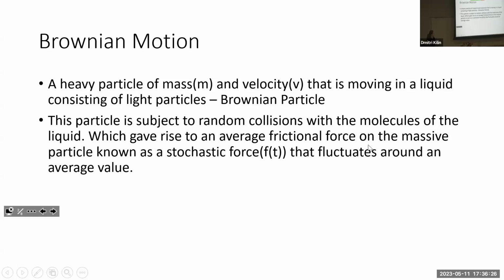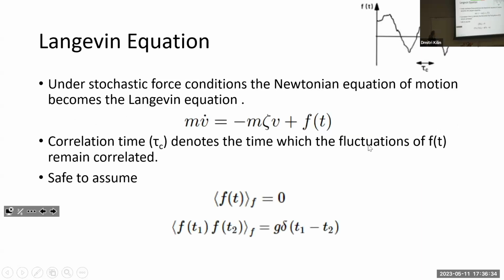Stochastic force, known as Ft, fluctuates around an average value. This is very important in the first equation of the Langevin equation because this information is actually used to make the equation itself.